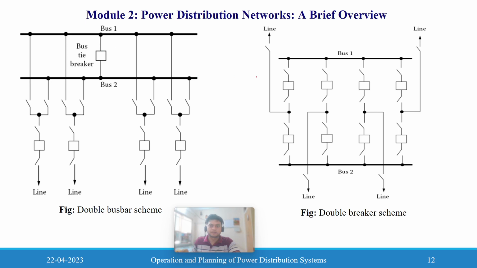And in this double breaker scheme, one feeder is connected by two circuit breakers to the respective buses. Either we can take power from the one bus or the second bus.